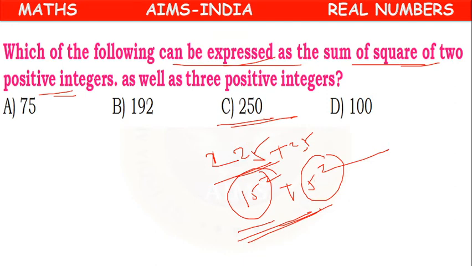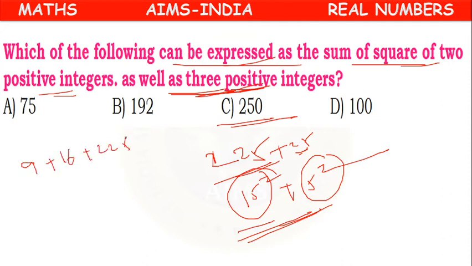But they asked as well as three positive integers. Is there any possibility? Suppose this 25. How to write 25? We can write it as 9 plus 16.